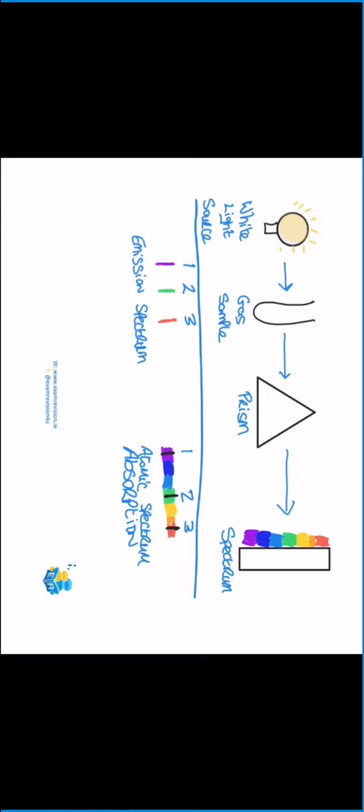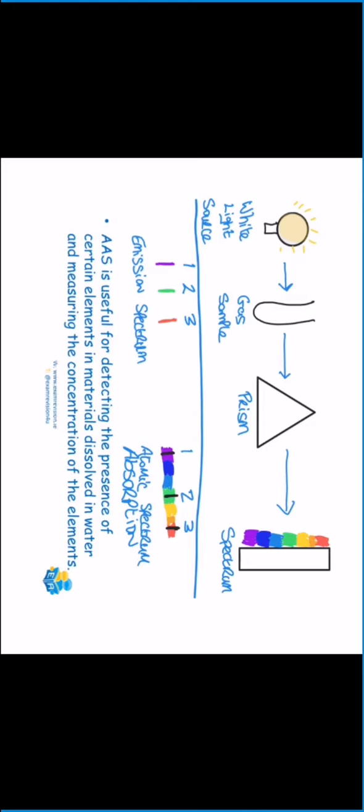It's also important to know the uses of atomic absorption spectrometry. It is useful for detecting the presence of elements in materials dissolved in water, and for measuring the concentration of elements.